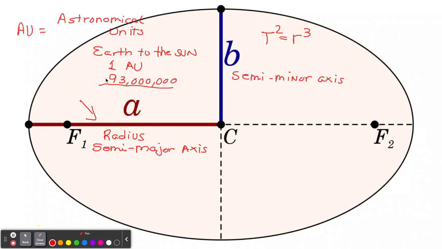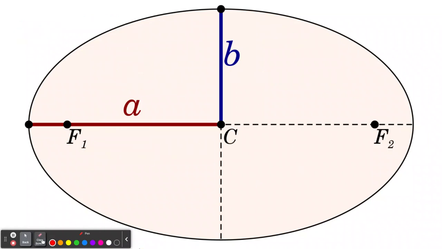93 million miles. So it's all centered on the statistics of the Earth. So any other planet we'll use AU. So again, the Earth does have an elliptical orbit. And so like let's say we were using this here. Let's clear this out. If we were using this and this was the Earth, let's say in the wintertime.